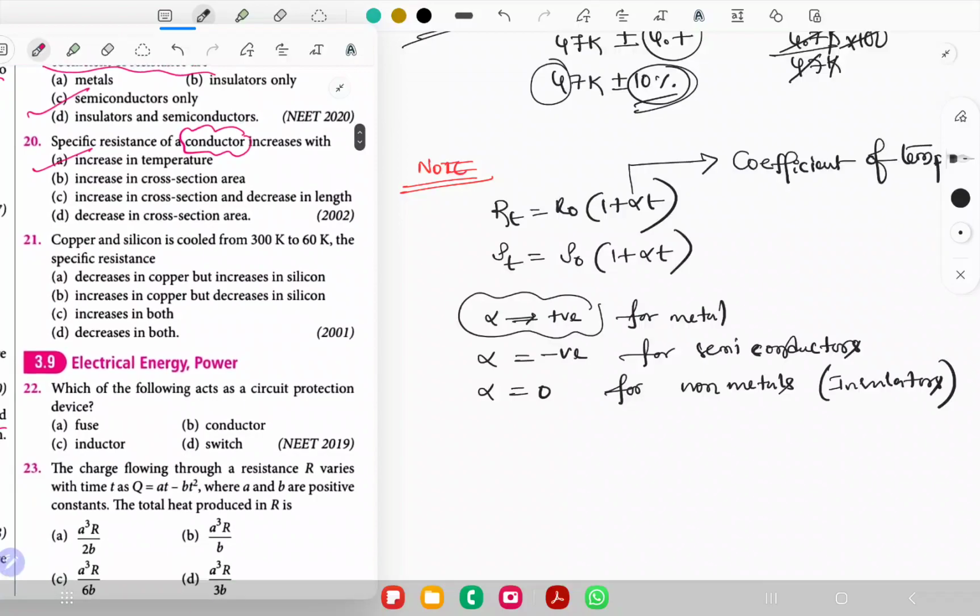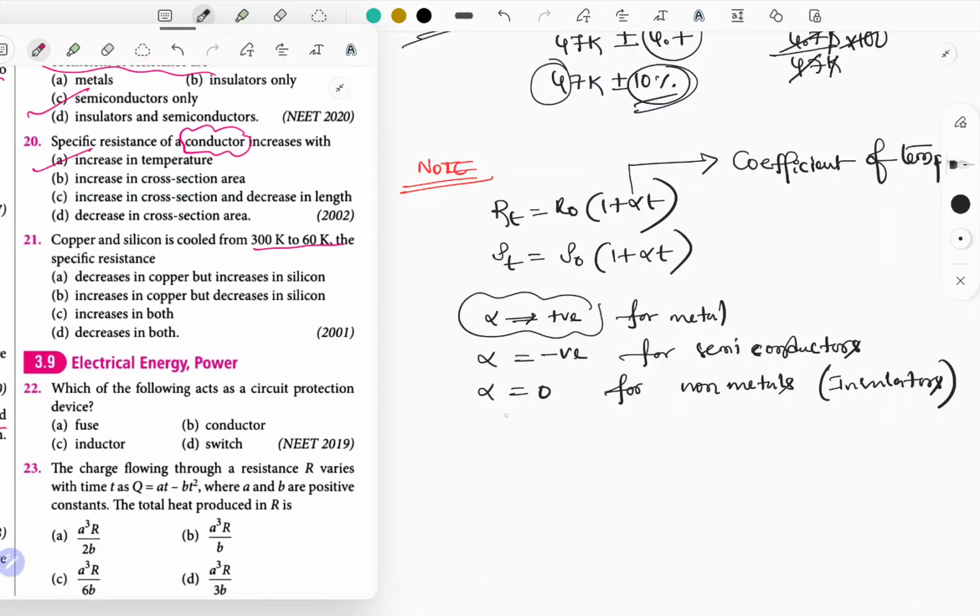Okay. Copper and silicon cooled from 300 Kelvin to 60 Kelvin. That means temperature is increasing or decreasing? Temperature is decreasing. If temperature increases, then what happens to resistance? Resistance of metals increases, whereas resistance of semiconductors decreases.